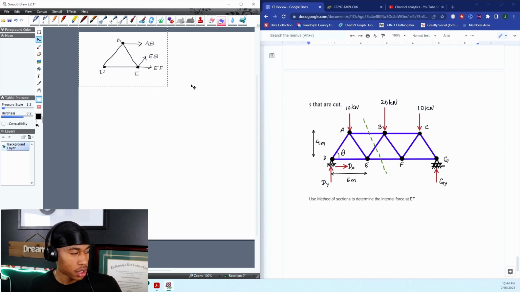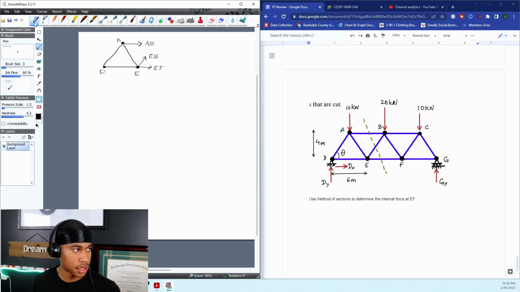So all right, so I broke this up, just cut it where it's literally shown in green, and now we can see our horizontal forces, and we can also see our EB, EF, AB. There's a few missing forces that I have not included, and I'm also going to show where our point B is.